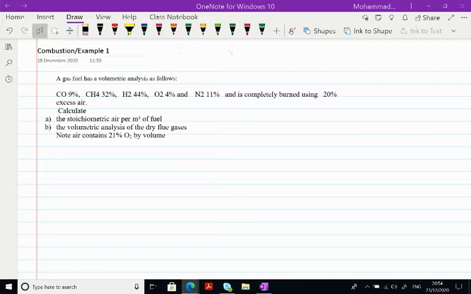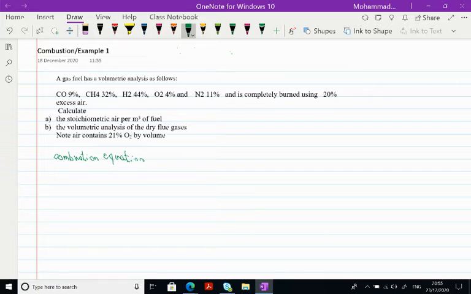To proceed with the solution for this tutorial, first of all, we need to just write down the combustion equation. So for any combustion equation, on the left hand side, we have got the fuel elements.